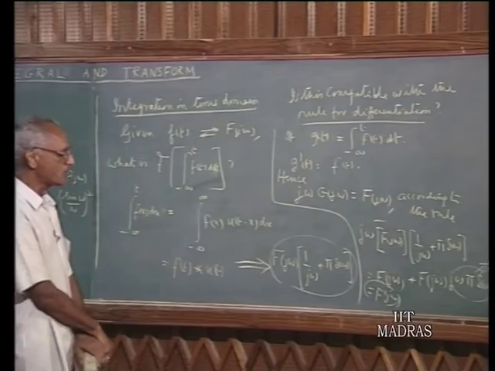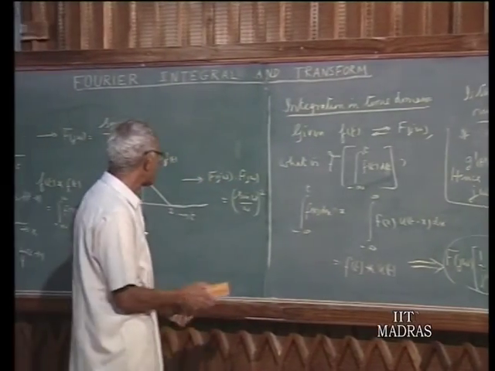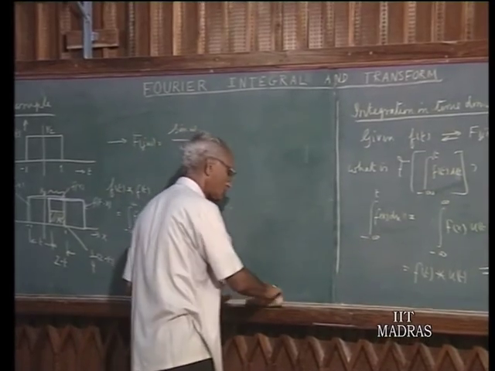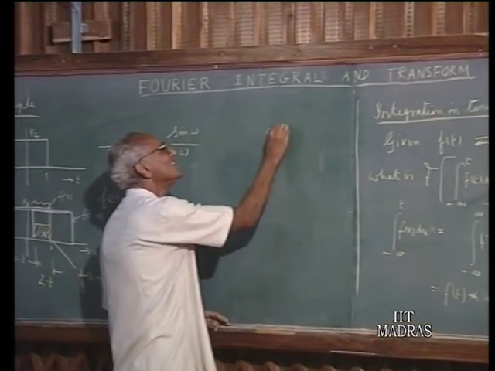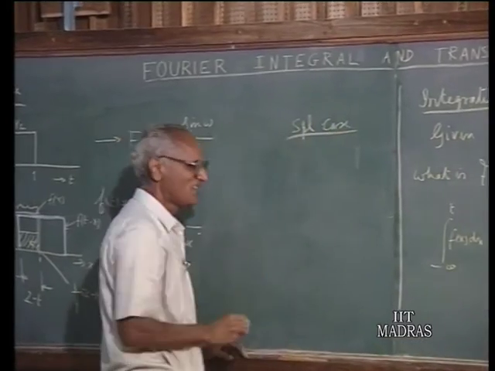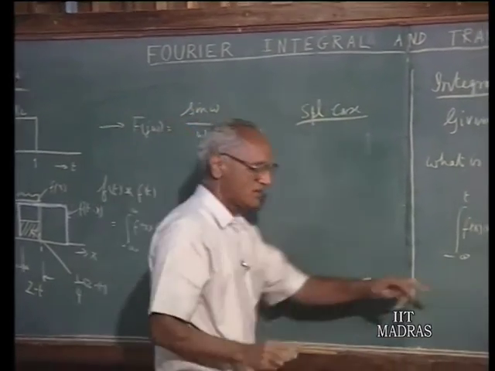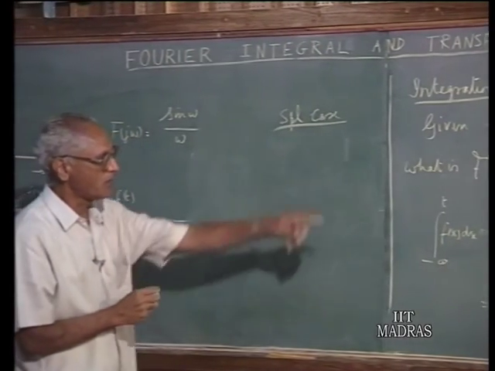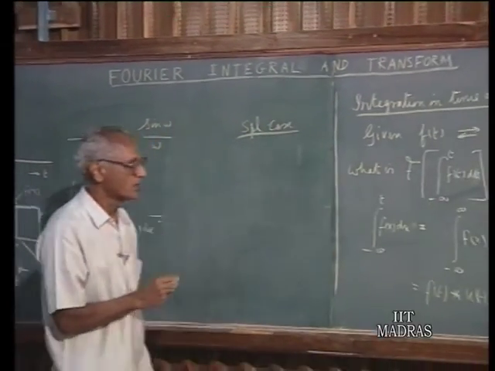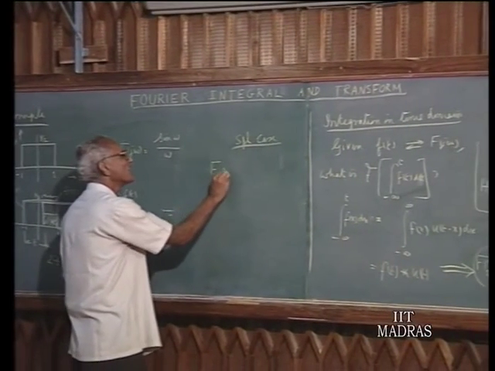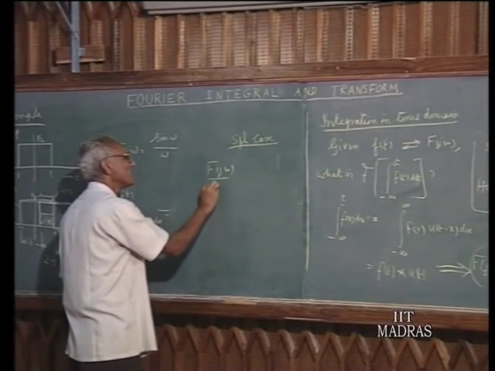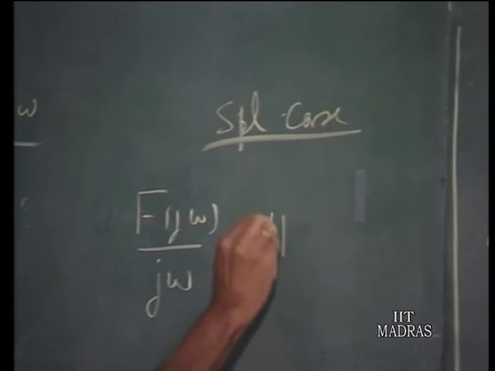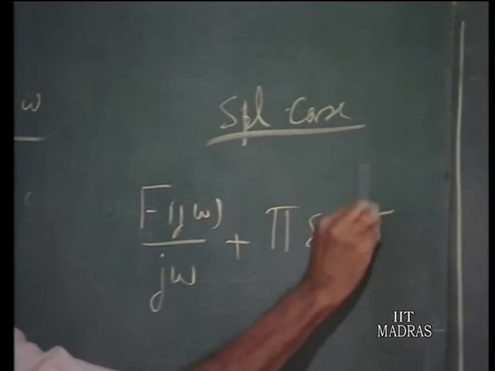However, we observe that for a special case, I can write this g of j omega, which is the Fourier transform of this quantity, as f of j omega divided by j omega plus pi delta omega f of j omega.